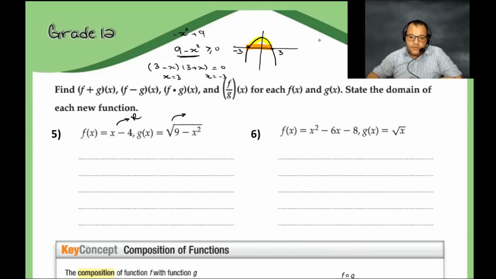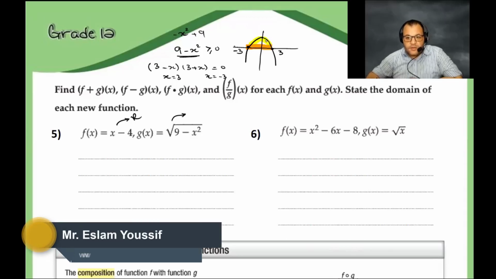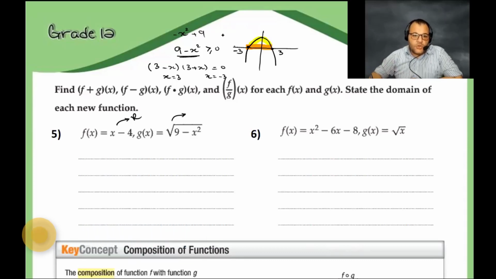If you choose any number from negative 3 to positive 3, the answer you will find will be 0 or more. So the domain for this function will be the values that make the answer greater than or equal to 0, from negative 3 to 3.